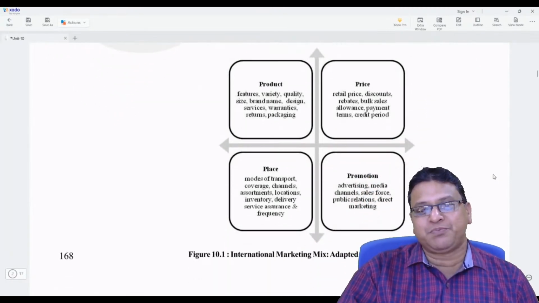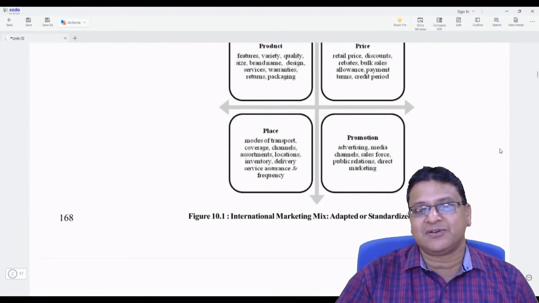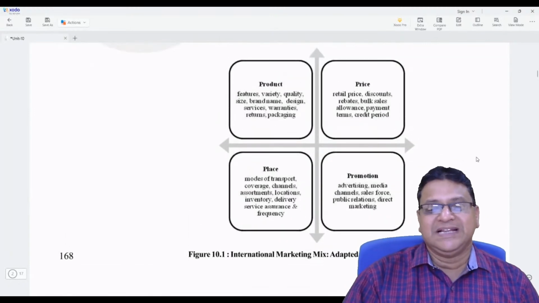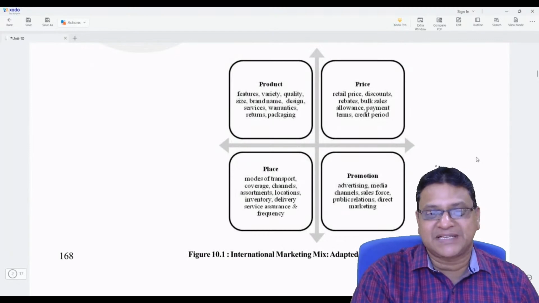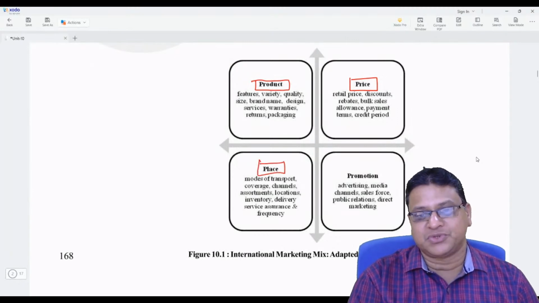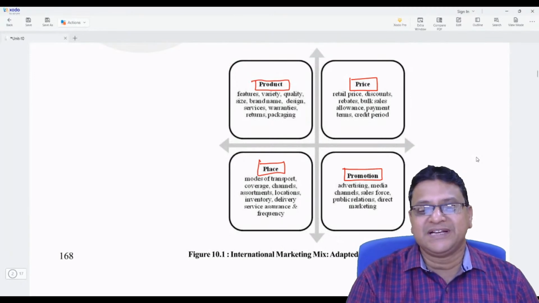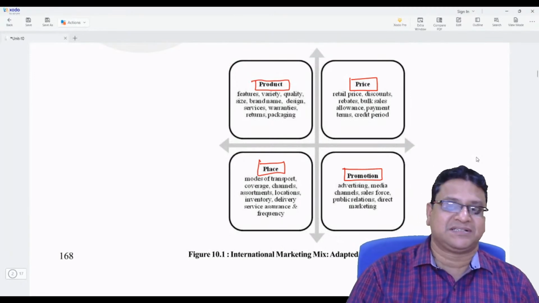And if all these four things, product, price, place, and promotion, are there in the context of international customers, that is known as the international marketing mix. Product, price, place, and promotion combinedly constitute the international marketing mix.